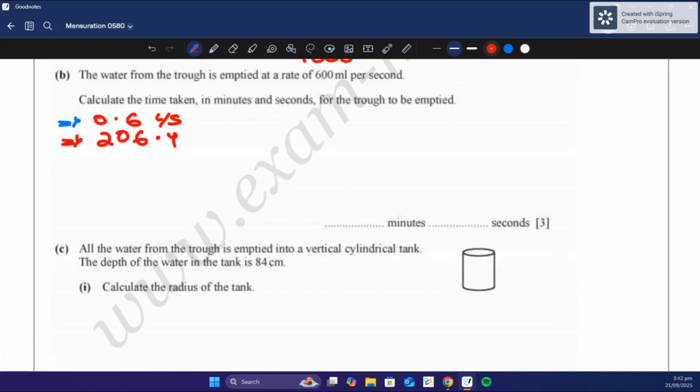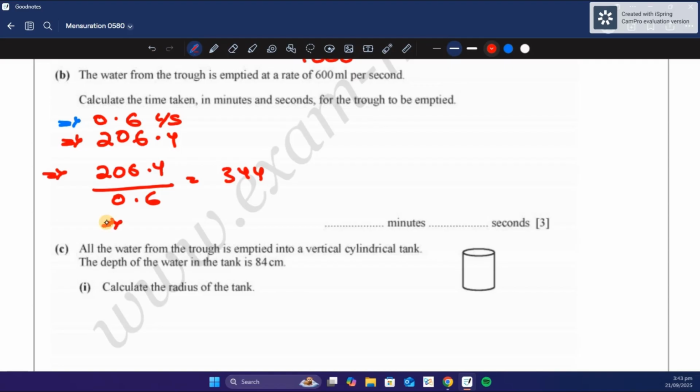All right, so if we need to find the time in seconds, we could simply do 206.4, the total volume, divided by the rate in liters, 0.6. That would give us 344. So this is seconds. Now we need to convert this to minutes.